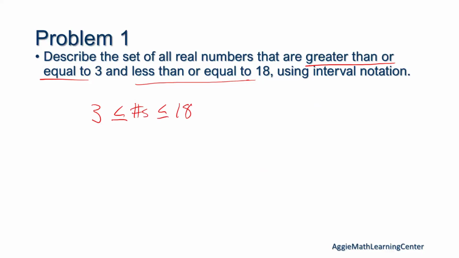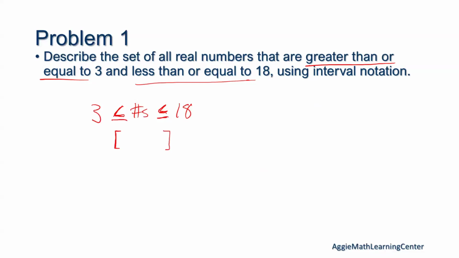So if we have a greater than or equal to, will we be using a hard or soft bracket? A hard bracket. So this means we're going to be including that 3, we'll be using that square bracket. And same thing on this other side. This is less than or equal to, will we be using that soft parenthesis or that hard square bracket? Hard square.